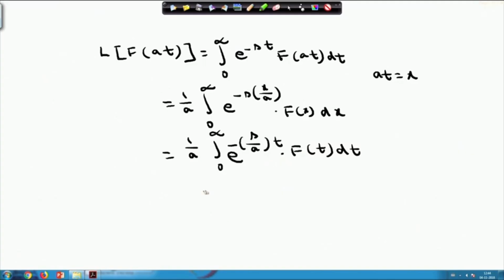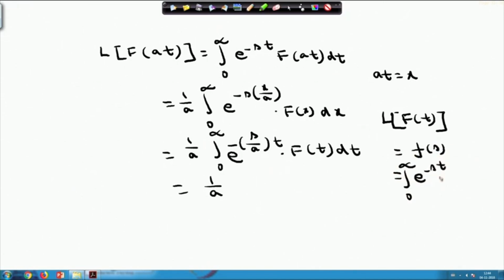So, this is equal to 1 by a. From the definition, you know the Laplace transform of f t, which we write down as f s, which is equal to integral 0 to infinity e power minus s t into f t dt.